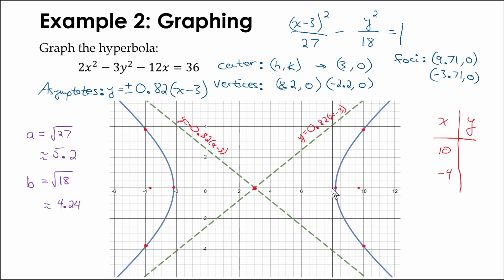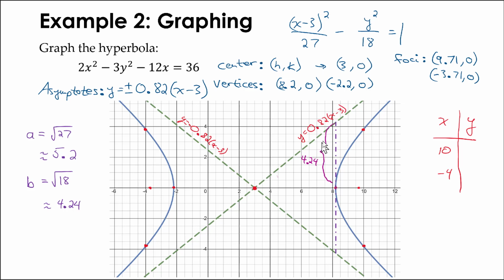And then from my vertex, if I go directly up, so I'm perpendicular to this transverse axis, I'm going straight up. And if I go up by a length of b, so 1, 2, 3, 4.24, okay, then I should hit my slant asymptote.